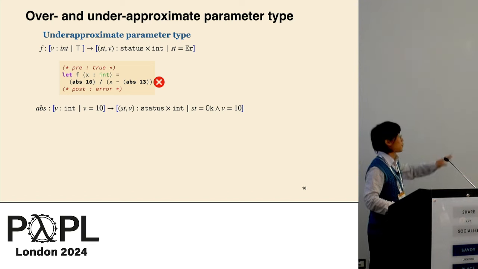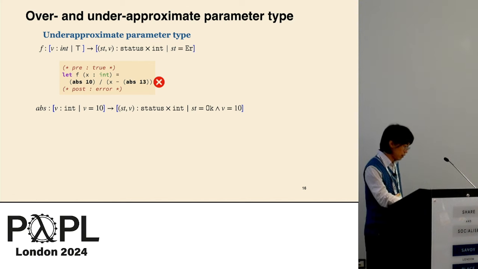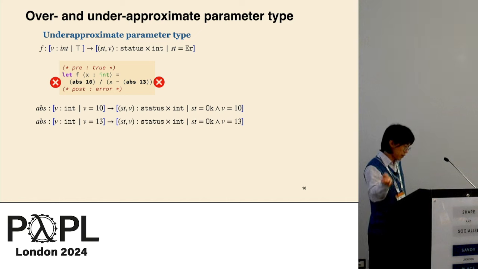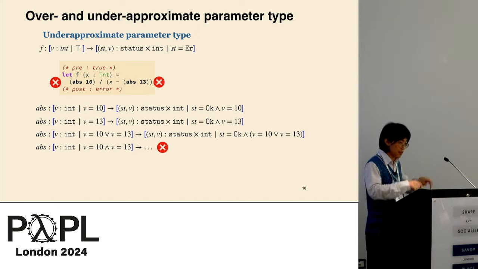It works for the first application, but fails for the second because 13 cannot cover the value 10. And if v equal to 13, it fails in the first case. If we disjunct them together, they fail in both cases because 10 cannot cover both 10 and 13. And if we conjunct them, that is simply a bottom type, which itself is wrong.